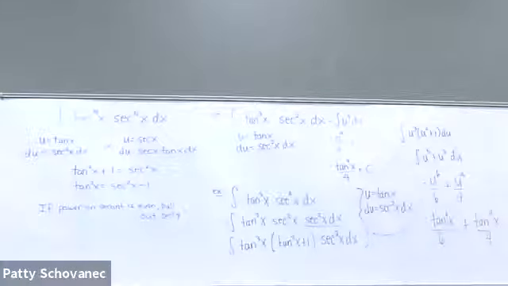So you would almost bet that if the power on secant is odd, pull out a secant tangent. And the answer is sometimes. But you're pretty much right.